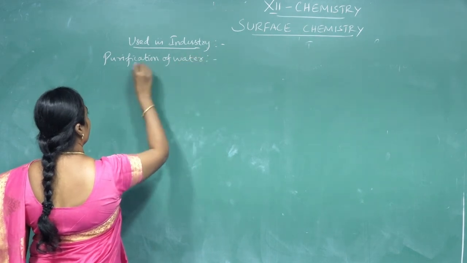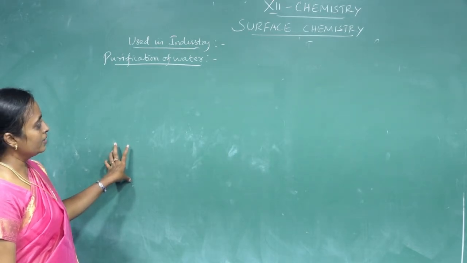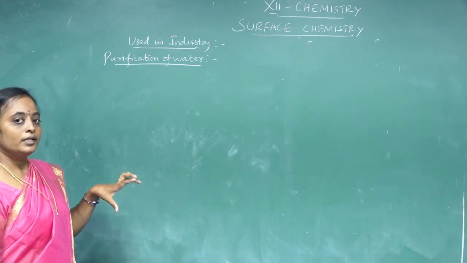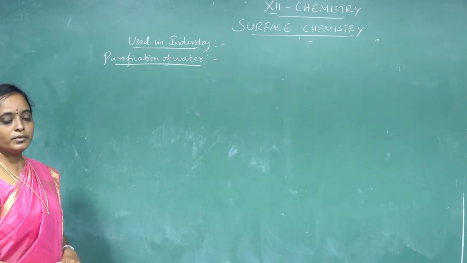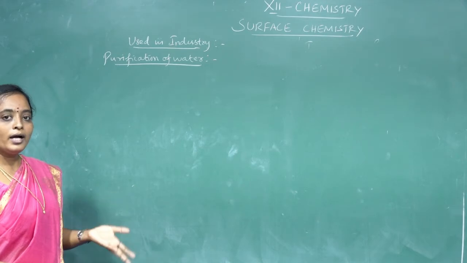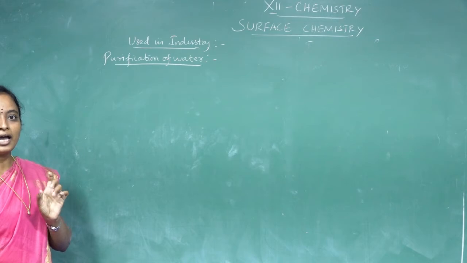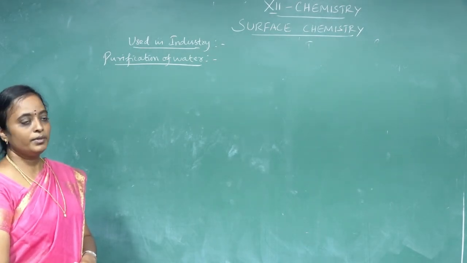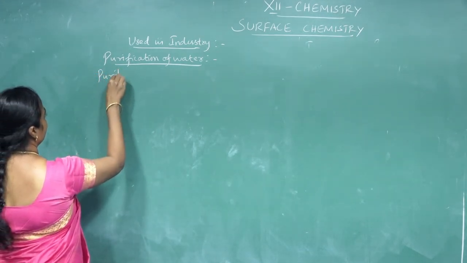In water there will be suspended impurities, which are coagulated by adding one reagent, named alum. Alum contains ions, aluminium plus 3 ions will be present.